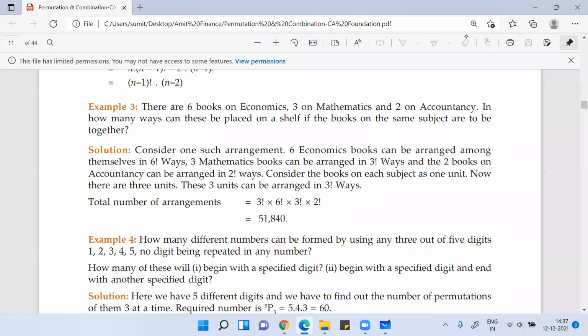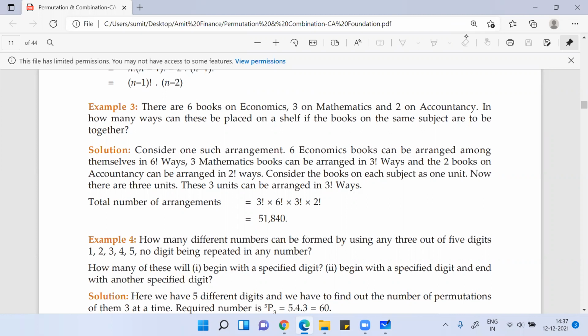There are 6 books on economics, 3 on mathematics, 2 on accountancy. In how many ways can these be placed on a shelf if the books on the same subject are together? All economics books are together, so the 6 economics books become X. All 3 mathematics books become Y. All 2 accountancy books become Z. In how many ways can you arrange X, Y, Z?